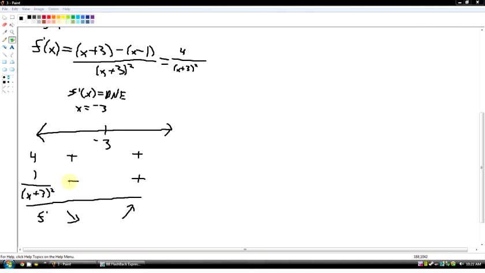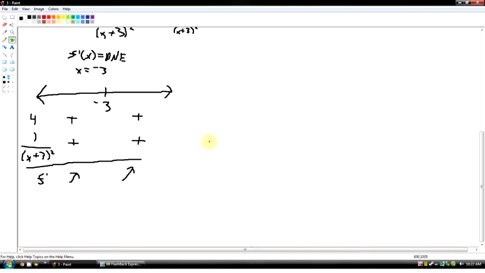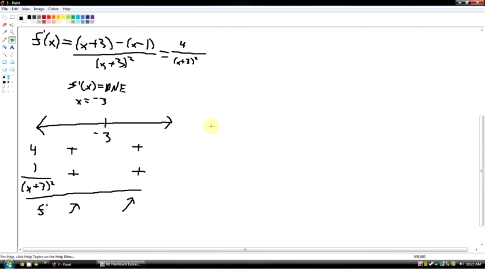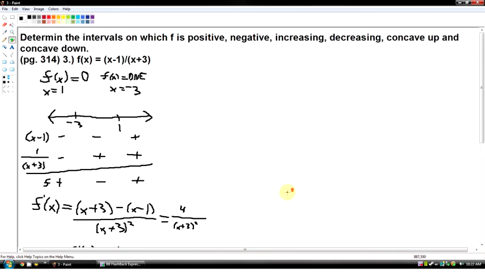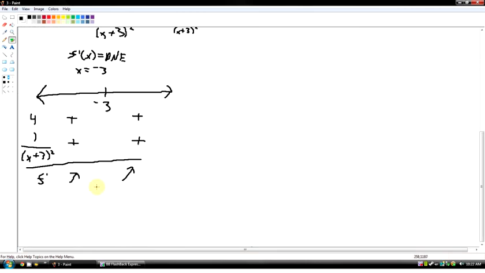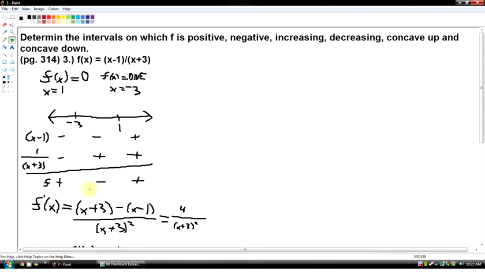I forgot to notice the square here, so that's really positive. So now we know that it's increasing everywhere, and we also know where it's positive and negative.